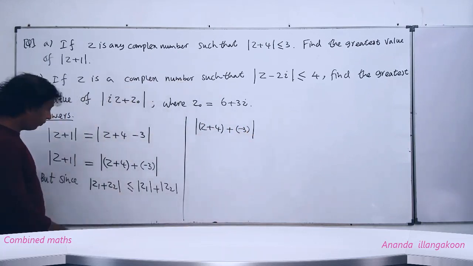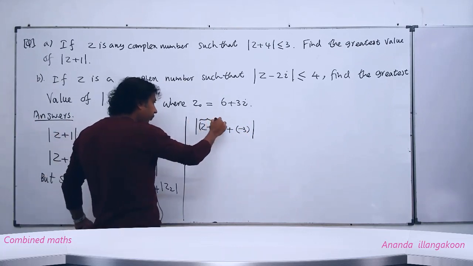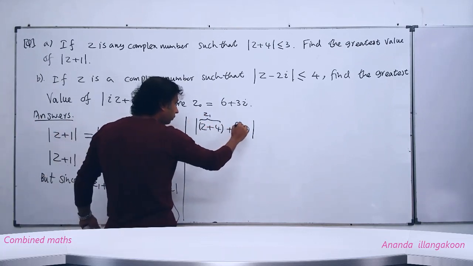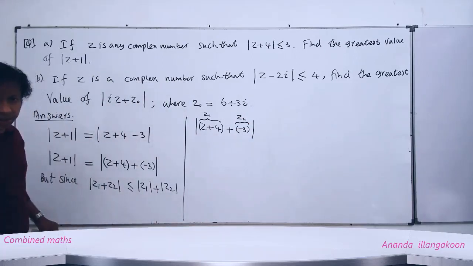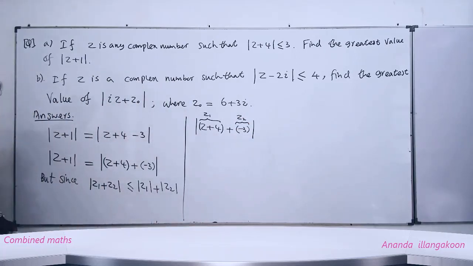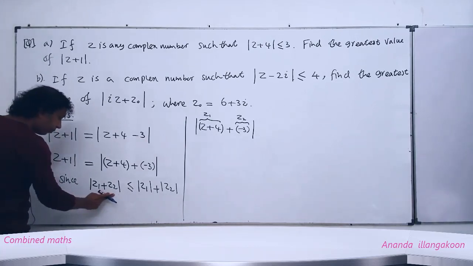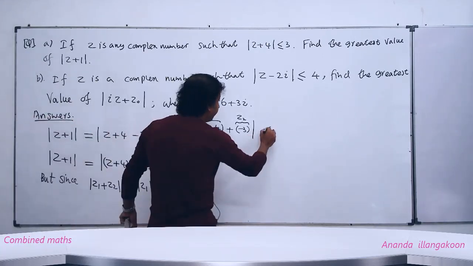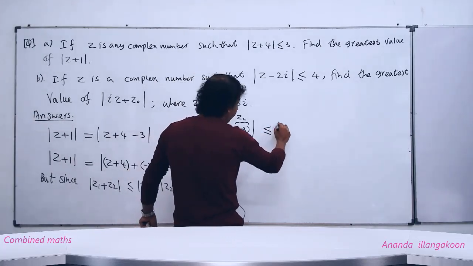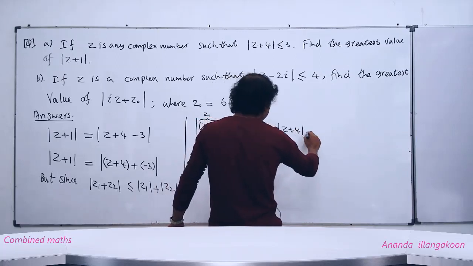Here this is your Z1 complex number, this is your Z2 complex number. Any real number is a complex number, no? Then we can apply this: |Z1 + Z2| is smaller than or equal to |Z1| + |Z2|. Then this is less than or equal to |Z + 4| plus |-3|.